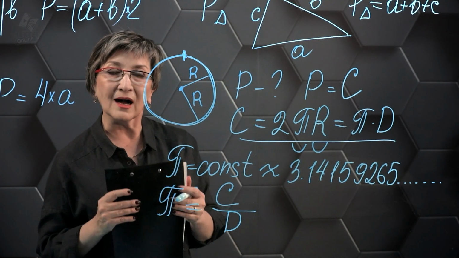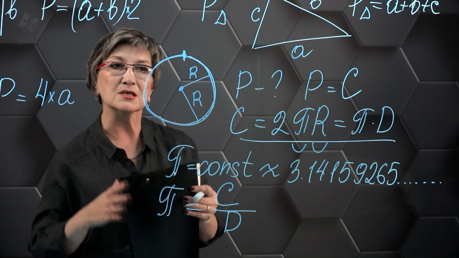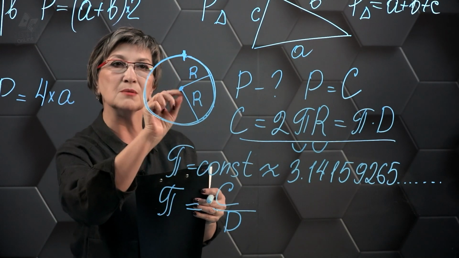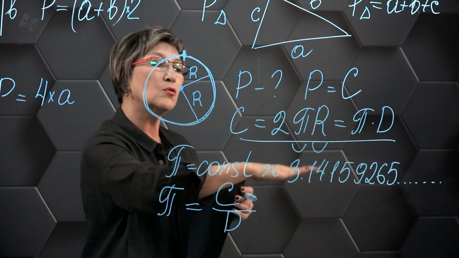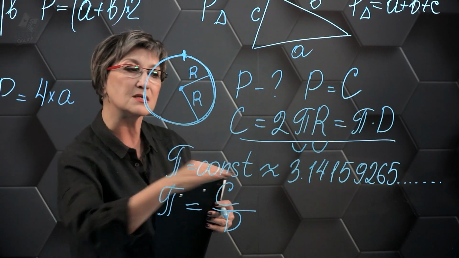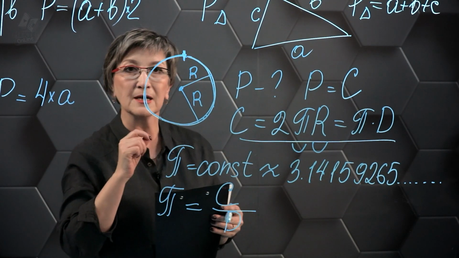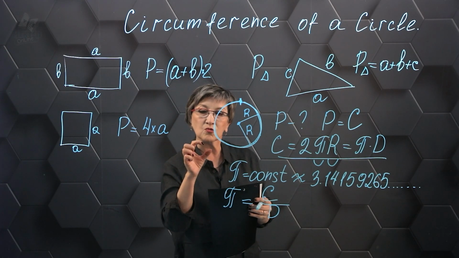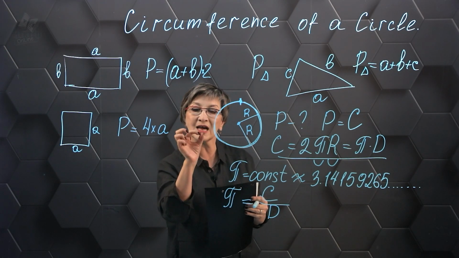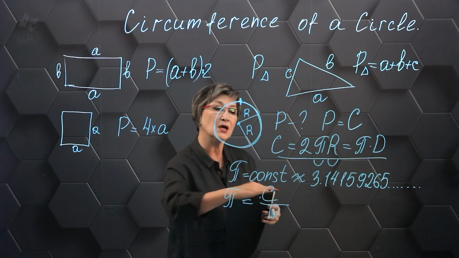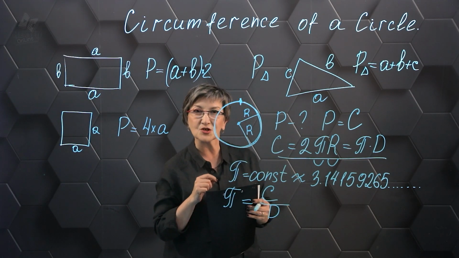If I take this circle and count the length of the circle and divide by the diameter, I get the number 3.14159 and so on. If I take a small circle and count the length of that circle and also divide by the diameter of that small circle, I also get that number.